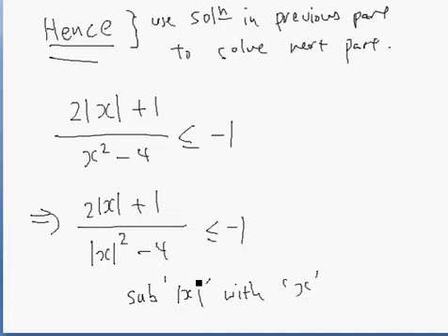So using the answer in part 1, we are going to replace all my x with modulus x. So I have -3 less than or equal to modulus x, less than 2, or 1 less than or equal to modulus x, less than 2.